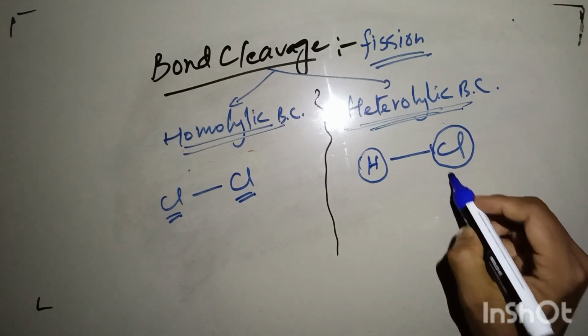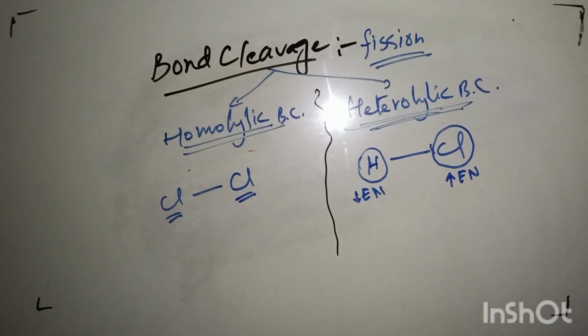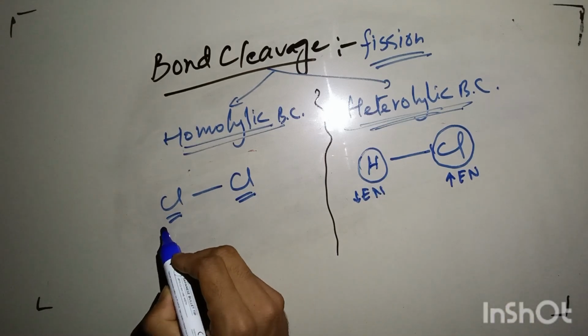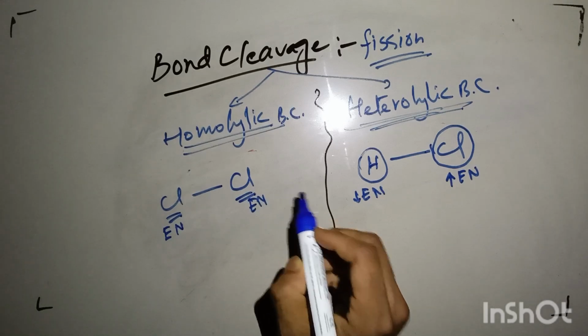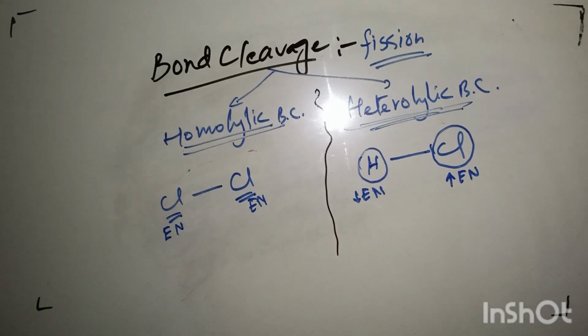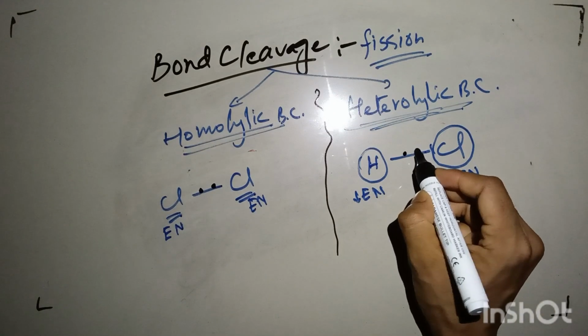So chlorine is more electronegative and hydrogen is less electronegative, whereas this chlorine has the same electronegativity as that chlorine. In each bond, how many electrons are there? Two electrons are there. In each bond, 2 electrons are there.